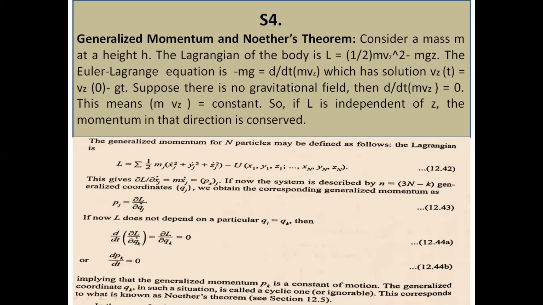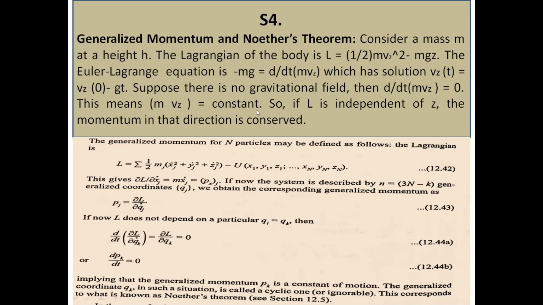∂L/∂q̇k is nothing but the momentum component pk. So dpk/dt is 0, implying that if the Lagrangian is independent of qk, its conjugate generalized momentum pk will be conserved, a constant of motion.